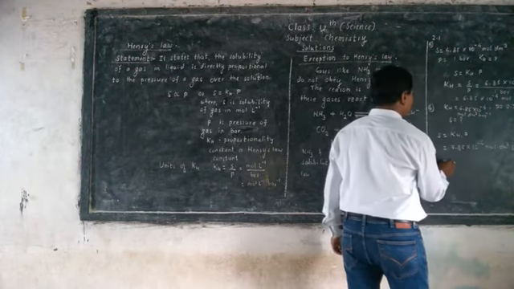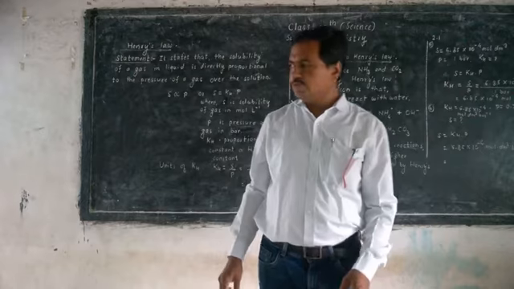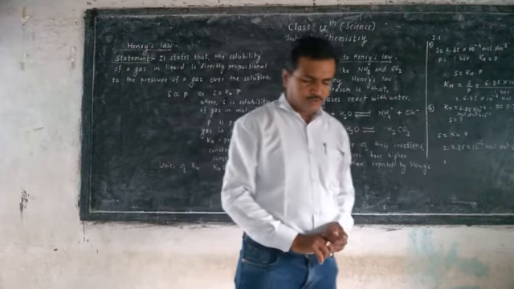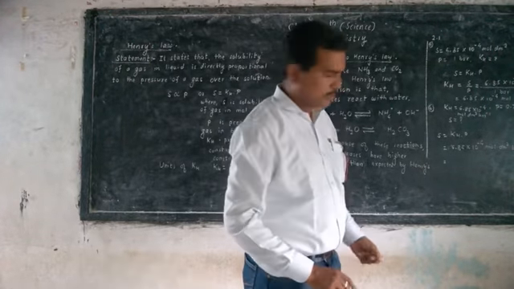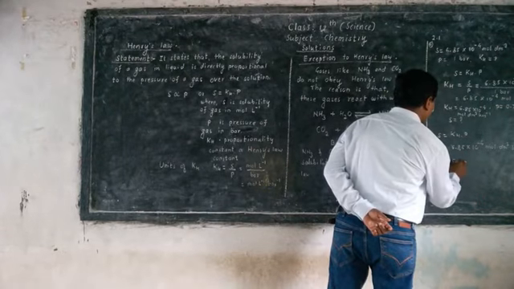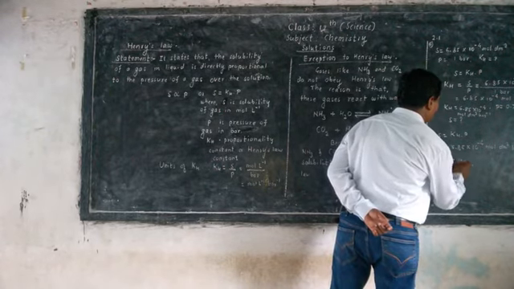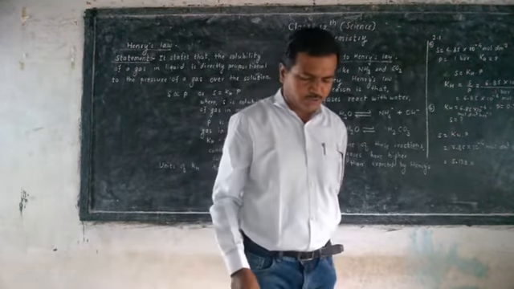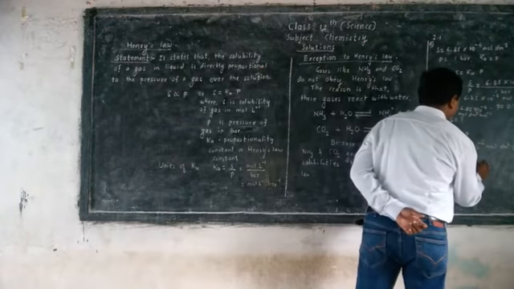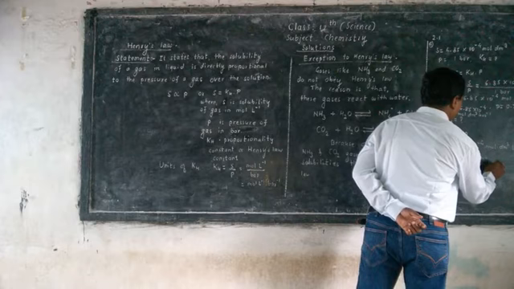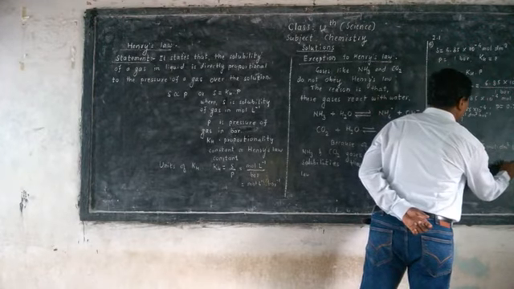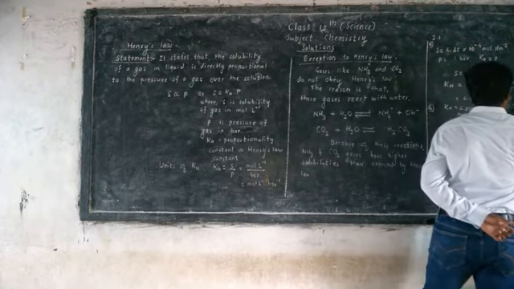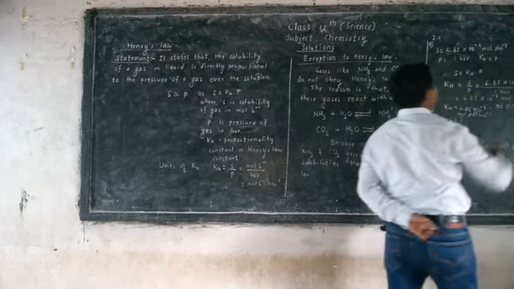So by using log table we can multiply it to get the value 5.138 into 10 raised to power minus 4 mole per decimeter cube, or mole per liter.